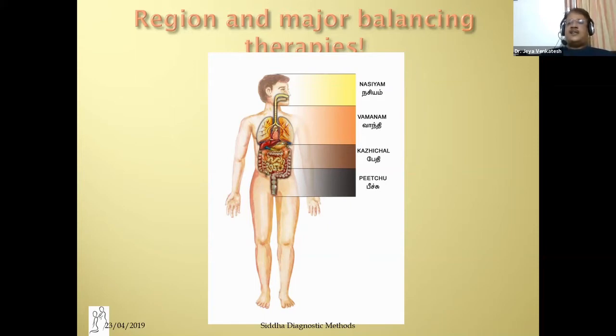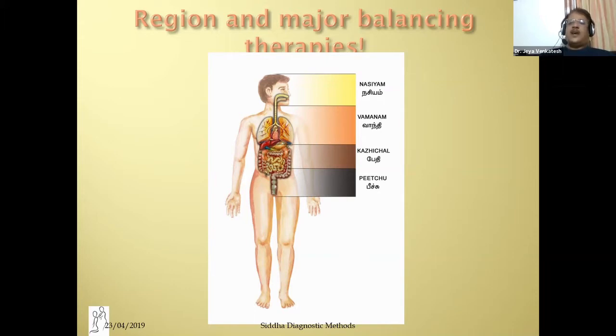And then the diseases seen below the diaphragm and above the umbilicus, we can give medicine for purgation to eliminate the accumulated fecal matter in the small and large intestine. That is by purgation therapy.